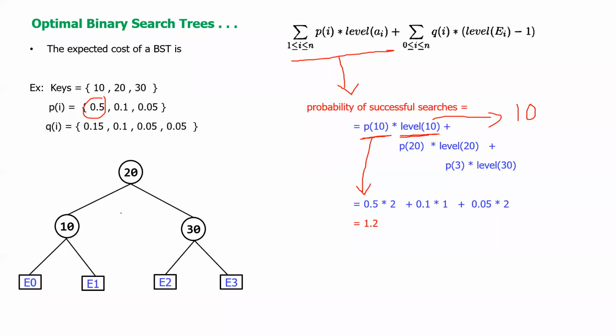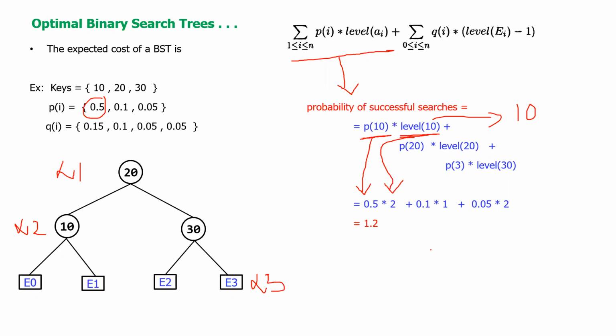Level is within the given tree, the level at which 10 is present. You can see here, this is level 1, this is level 2, and this is level 3. The level of 10 is 2. So for the key, the probability of 10 into the level of 10.